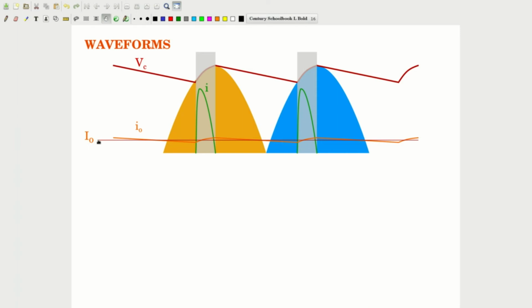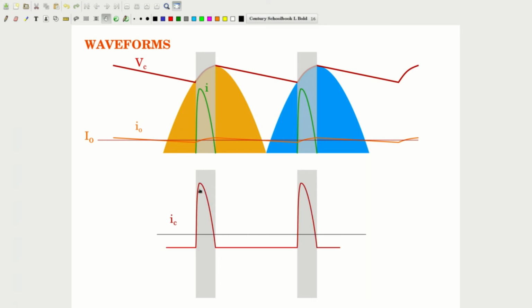Now if you remove this average component from this I current, you will get the current that flows through the capacitance. So let us draw the capacitor waveform during this period of conduction. Then you will see that the capacitor current would have gone down by an amount of I naught as shown here. In the steady state, you should note that this area is equal to this area.